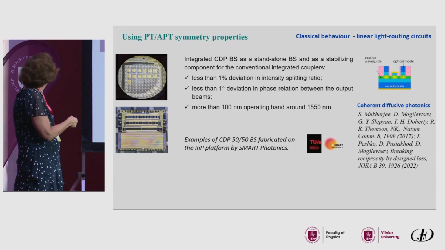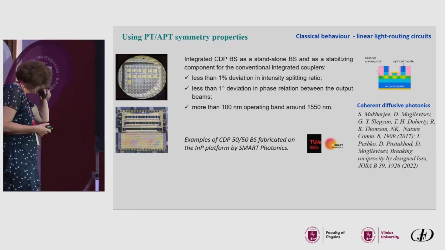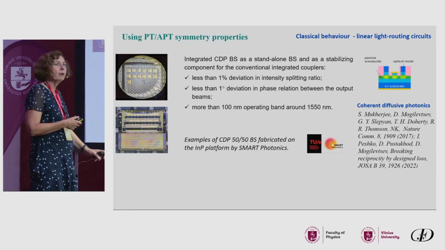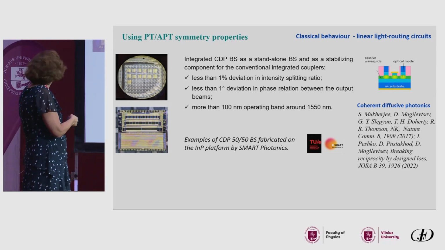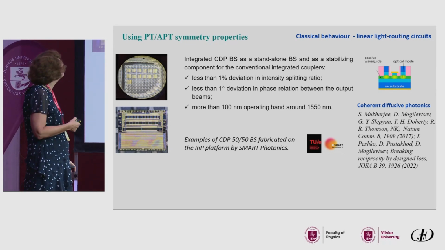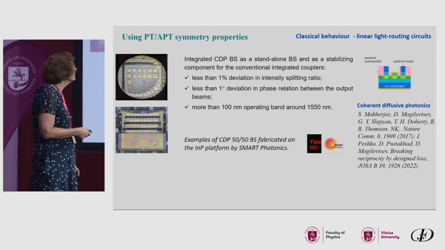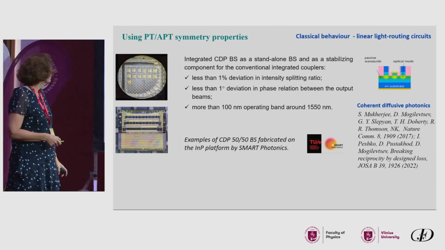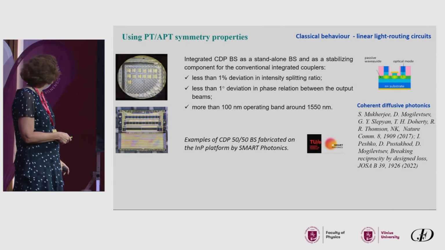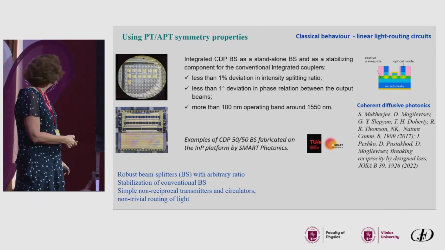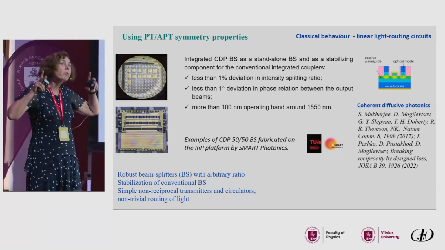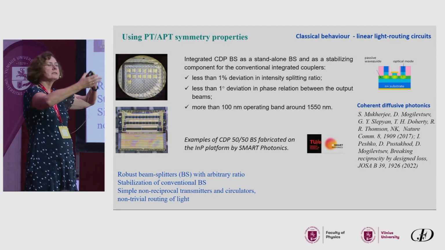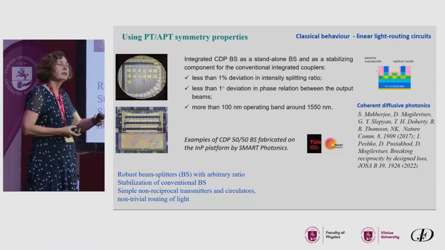Unfortunately, for purely practical reasons, the project is a little bit on pause at the moment. But these kinds of beam splitters have been inscribed in indium phosphide by Smart Photonics in Eindhoven. You can also arrange a non-reciprocal optical diode, where light propagates in one direction but is not allowed to propagate in the opposite direction.